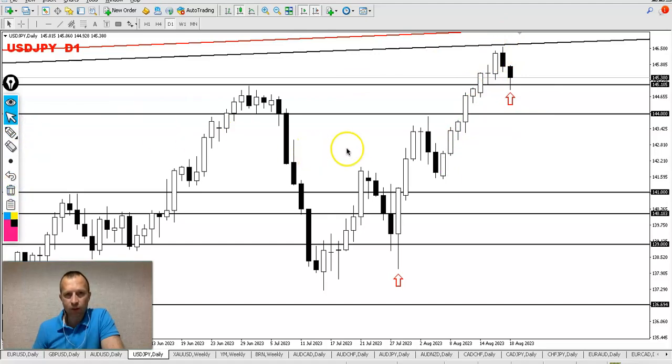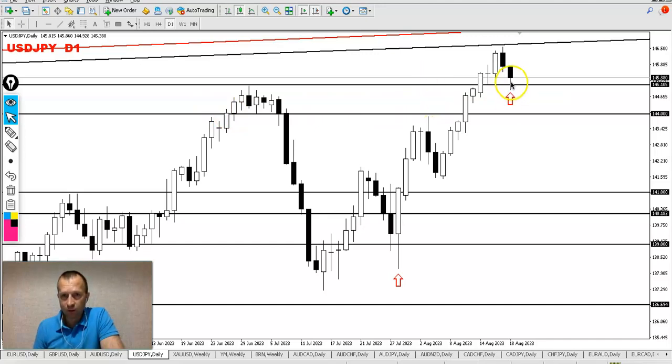I think one of the reasons is that in Japan the Bank of Japan is still keeping the rate negative. It's negative 0.1 if I'm not mistaken. And all other countries, you know, are now raising rates, and for investors it's not good to keep Japanese yen in the portfolio.